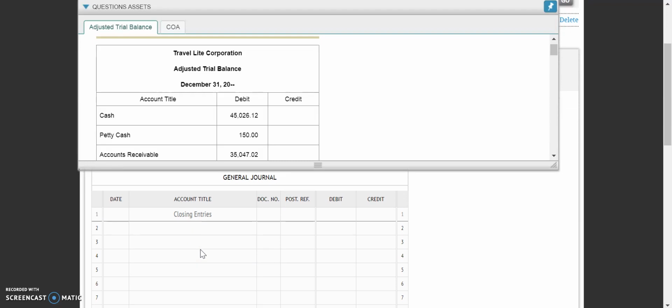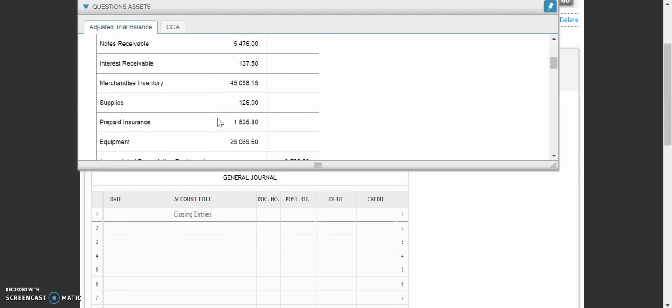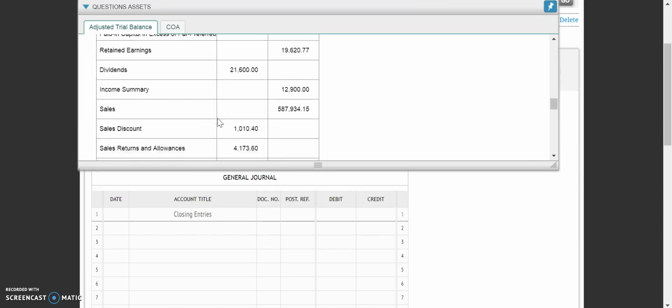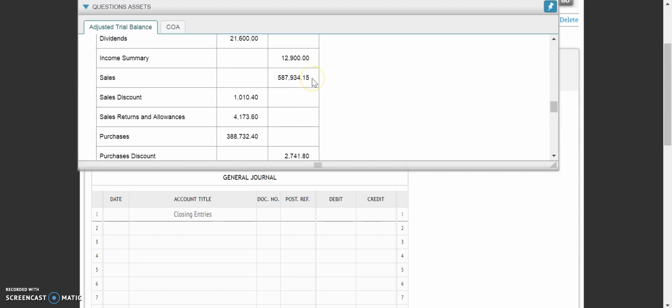So if you remember, our first closing entry is to close all of our income statement accounts that have credit balances. So if we scroll down on our adjusted trial balance and we start with our first income statement account, that would be sales that has a credit balance. So in order to close sales, we need to debit it.